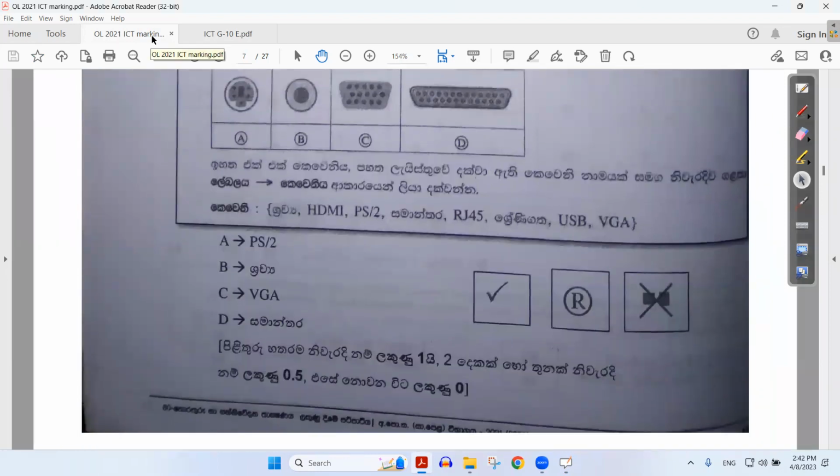If everything is correct, 1 mark. If 2 or 3 are correct, 0.5 mark. And in all other cases, it's 0. Okay. Moving to the next question.